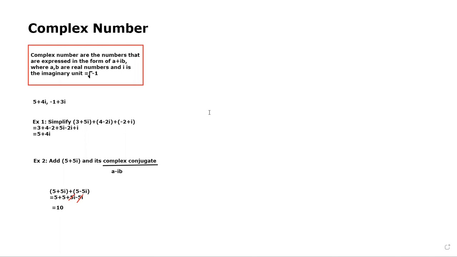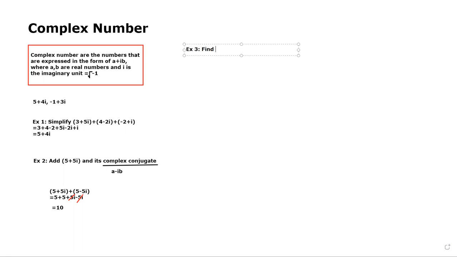Another type of complex number problem is finding the equivalent of some complex number. Sometimes the options are given and sometimes they are not. Let's do example number 3.